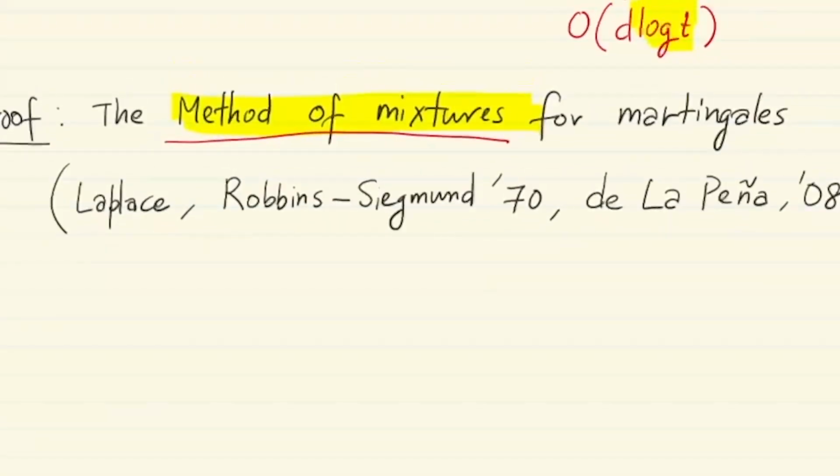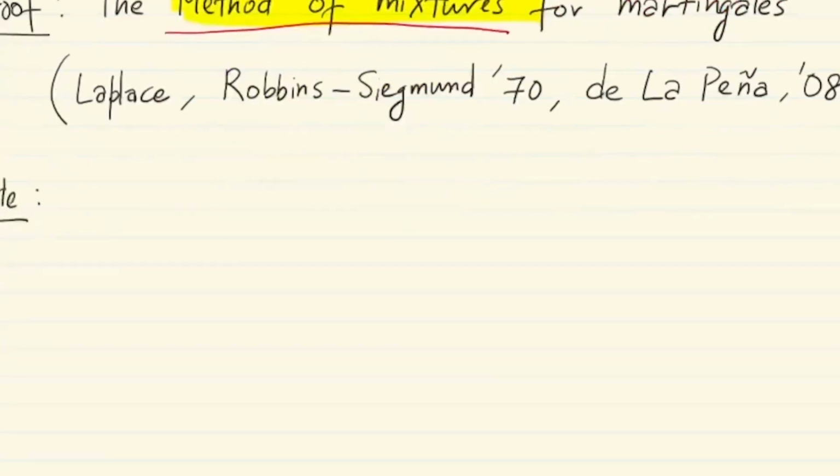Let's start by noting the following: the quantity whose fluctuations we want to control uniformly in time is equivalently half the V_T inverse norm of this random walk type object S_T, squared.